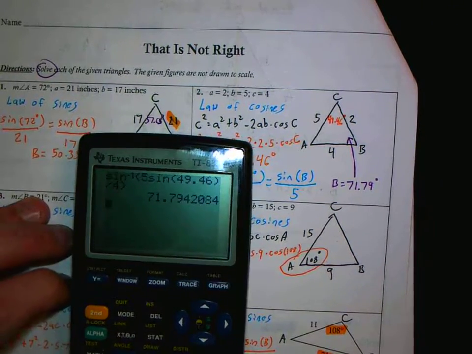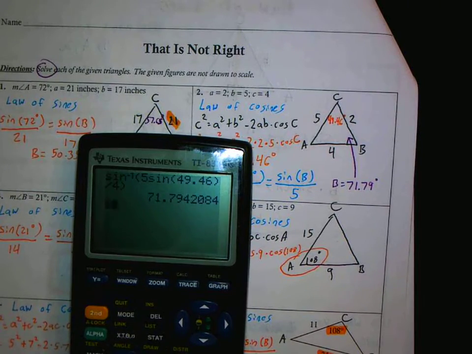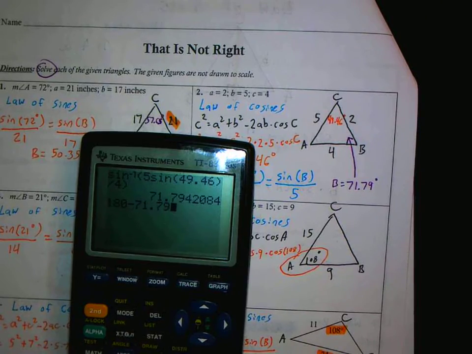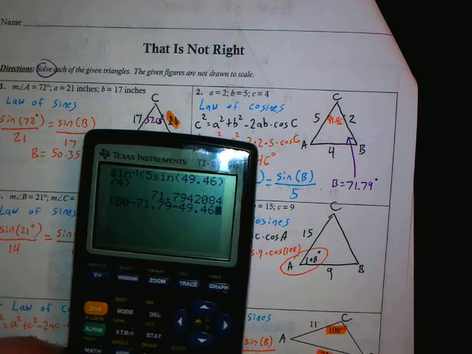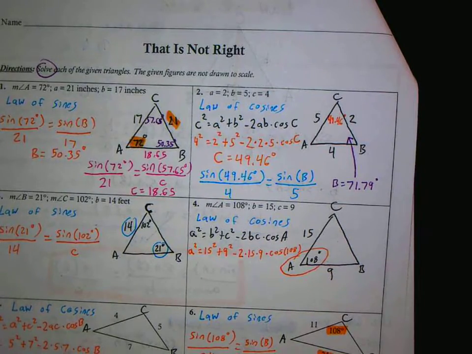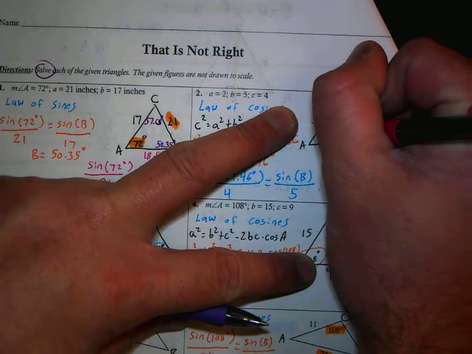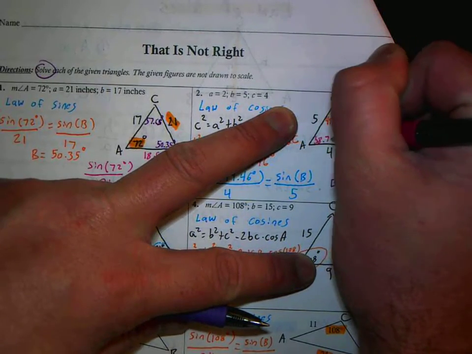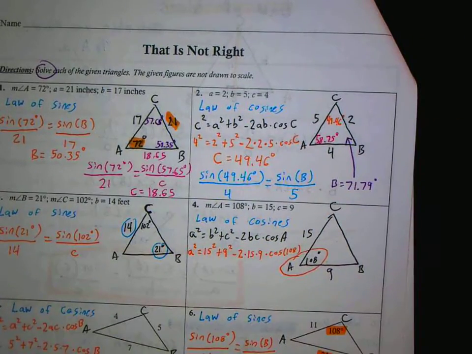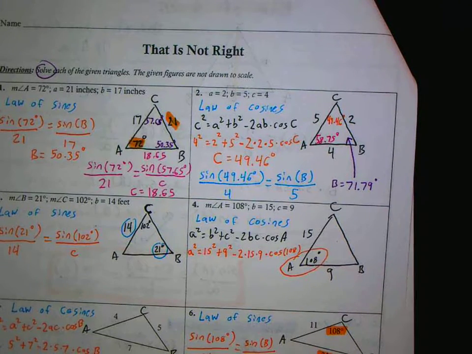It says three angles in a triangle add up to 180. 180 minus 71.79 minus 49.46. The triangle is now solved.